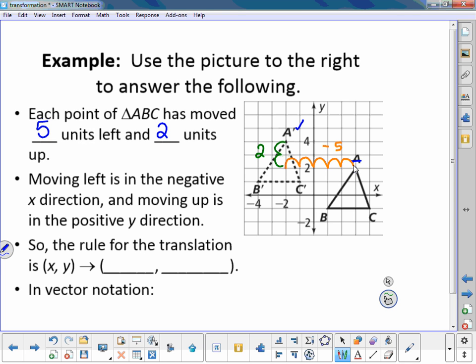So if I was to write this in a translation notation, it would be x minus 5, so I went left 5, and y plus 2. My vector will be negative 5, 2, without the x.